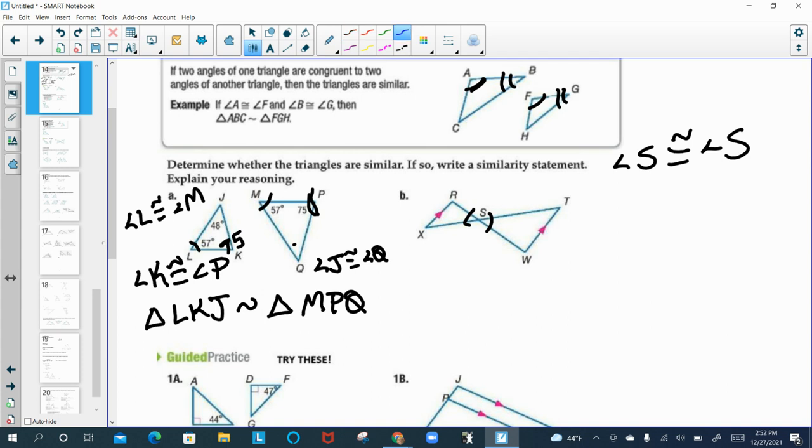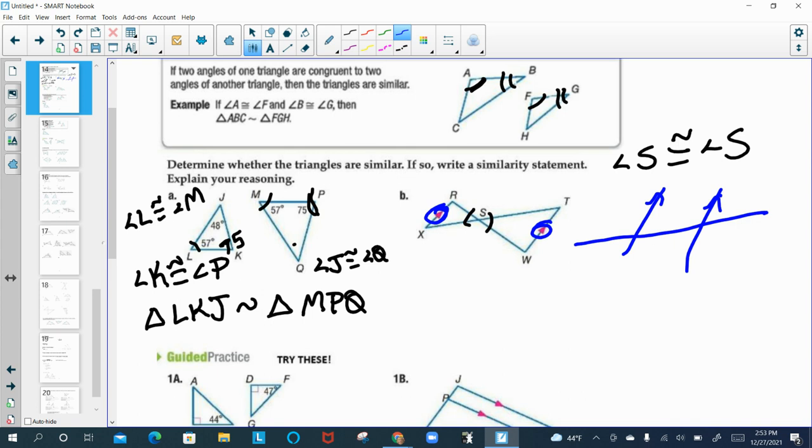Now, what they're also giving you here are these little arrows. And I'm not sure if you remember, but those little arrows mean that we have parallel lines, and they're being cut by a transversal. So you can make XT your transversal, or you can make RW your transversal.